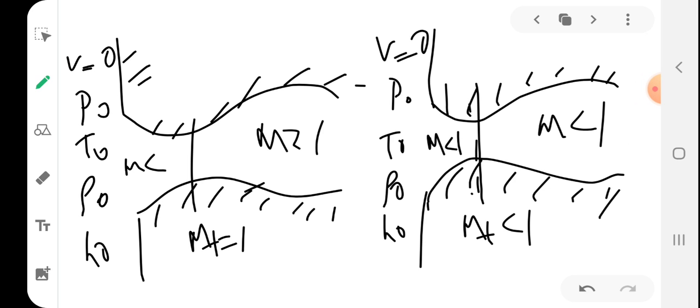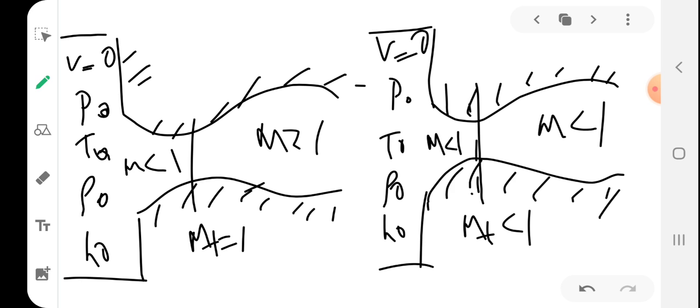These are two types of convergent divergent sections. In the first case, this is the reservoir. The reservoir has the stagnation condition: velocity equals 0, pressure is P0, the stagnation pressure, temperature is T0, density is rho 0. Same case here. But what is the difference? The velocity at the entry is the same, M less than 1. That is, the Mach number is the same, subsonic flow.